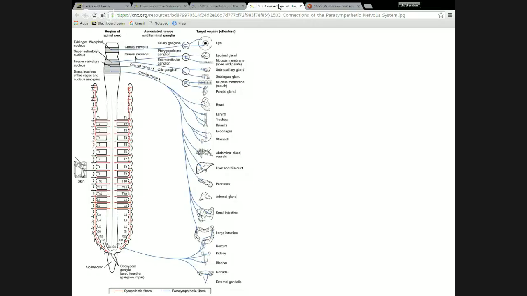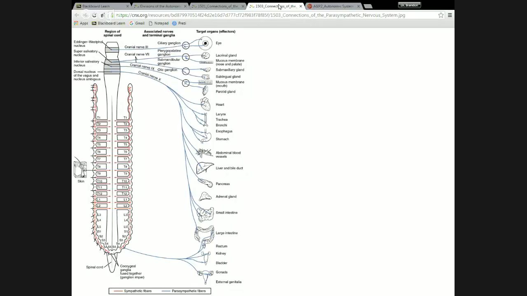From the heart down in this picture, the postganglionic fiber, as it's drawn in here, is probably about the length of a single dash in the dash line anyways, so you wouldn't really be able to tell. And that might be what the art editor decided on. Well, we can't tell that there's a dash down here, so let's not make any of them dash. Not a great idea, but very, very short postganglionic fibers in the parasympathetic system.